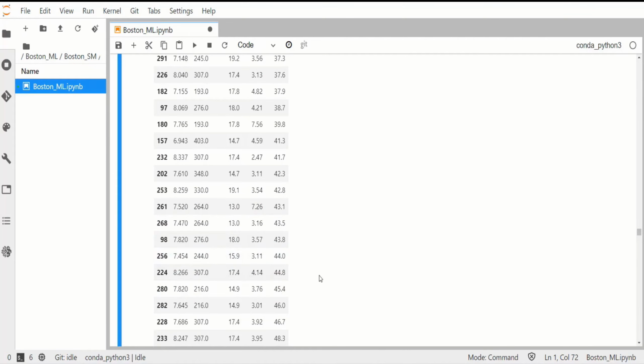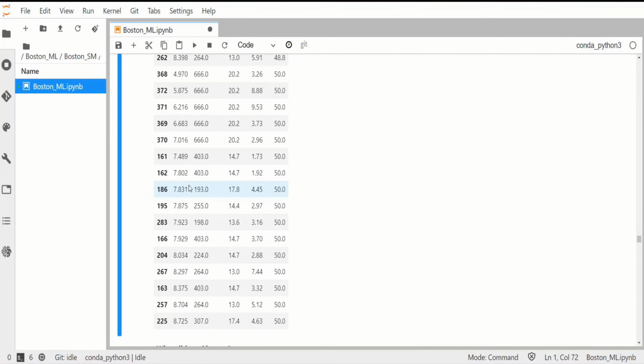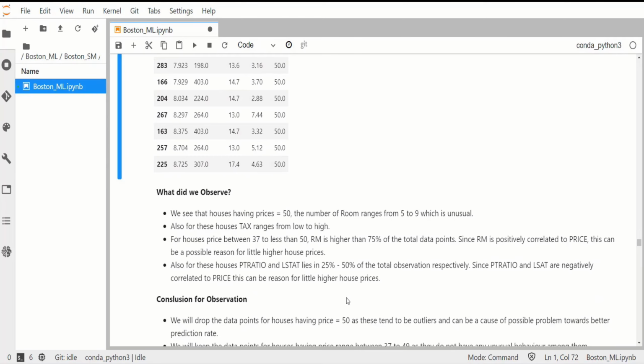We see that for houses having price 50, the number of rooms ranges from 5 to 9, which is unusual. Also for these houses, tax ranges from low to high. Then for houses priced between 37 and less than 50, RM is higher than 75% of the total data points.